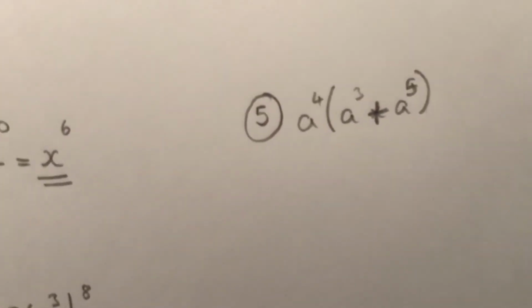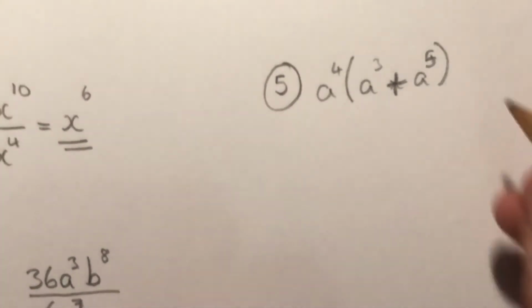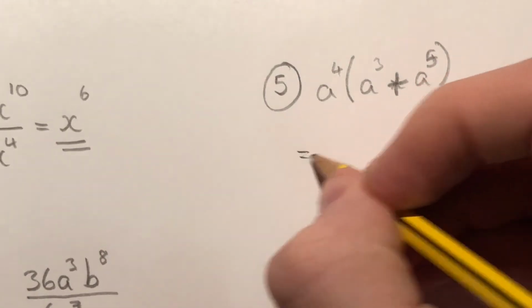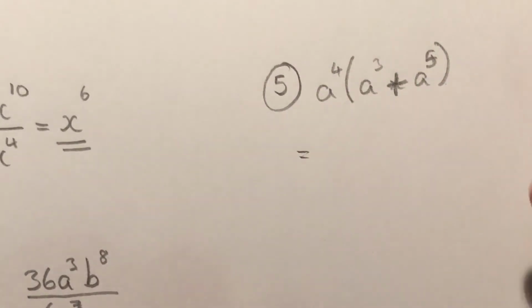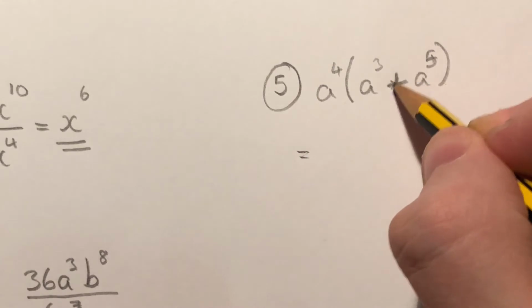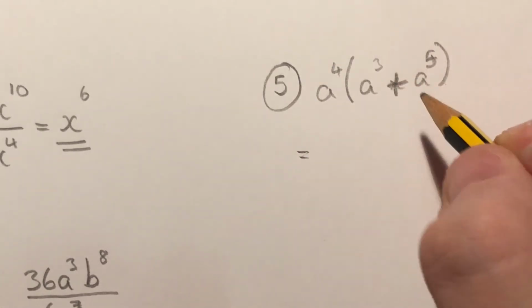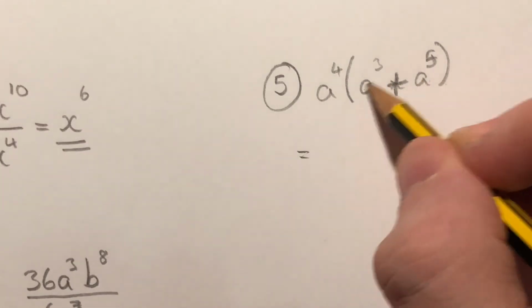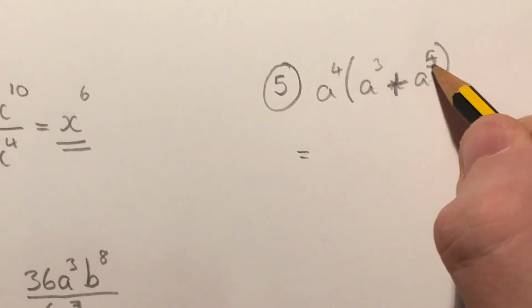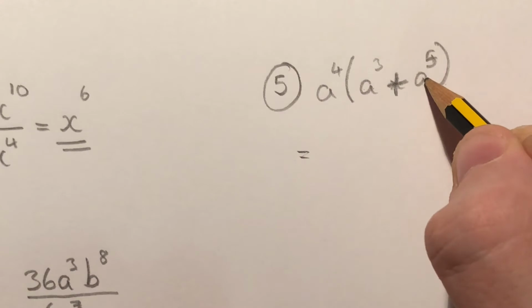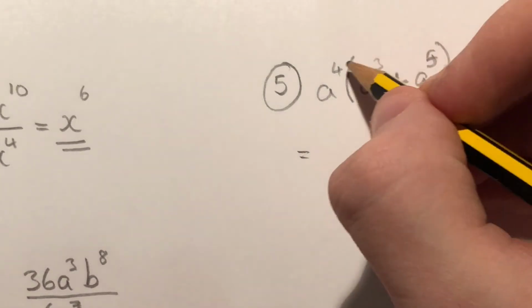And our final example then is this one here. And this is employing an idea where we're just breaking brackets. Notice that inside the brackets it's not a times sign, this is a plus. Now plus we've not dealt with. If we're just adding two bases together with different powers, they just stay separately. We cannot combine these at all. So all we're going to do is just break the brackets straight away.